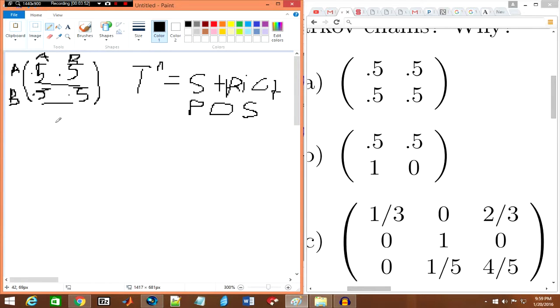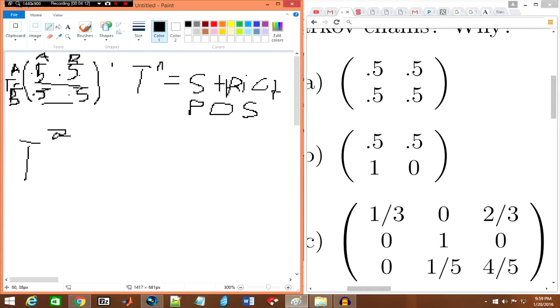And let's see, if we square this matrix, so this is T. If we square T, that means take the column and multiply by the row, and that'll give you, like, 0.5 and 0.5 times 0.5 and 0.5 will give you this entry.